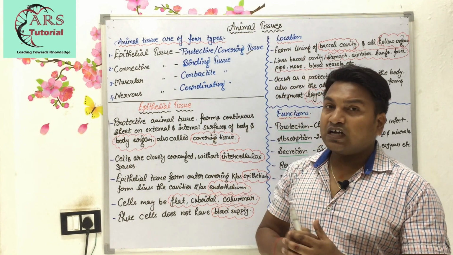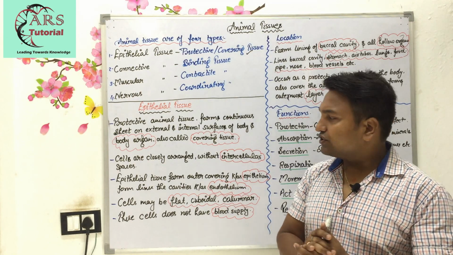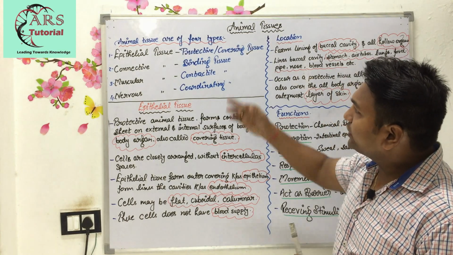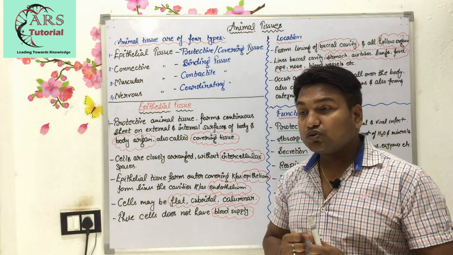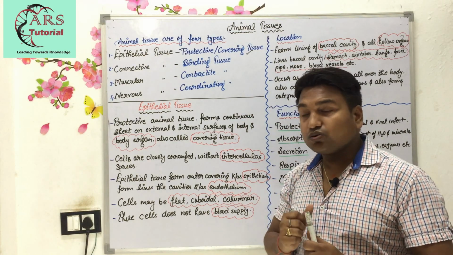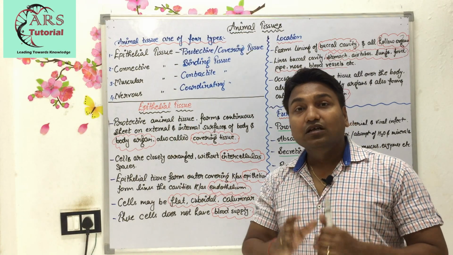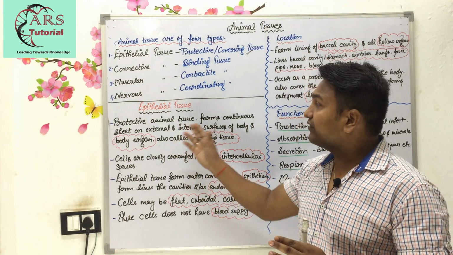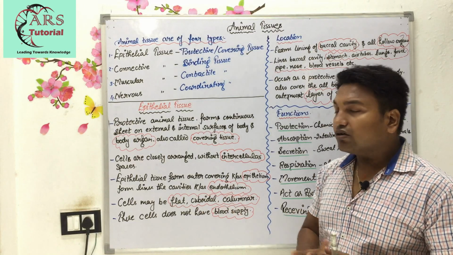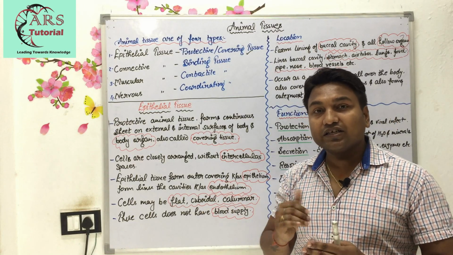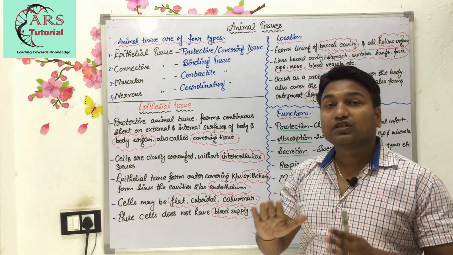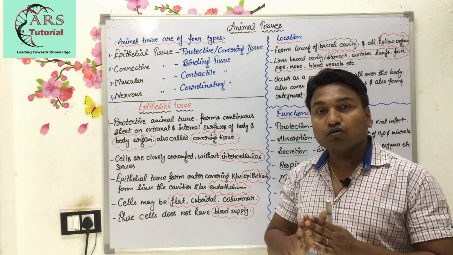Here I have written the main characteristic features of epithelial tissue, which are as follows. The first one: I have already told you that epithelial tissue is a protective animal tissue, and it forms a continuous sheet on external and internal organs, without any intercellular space.